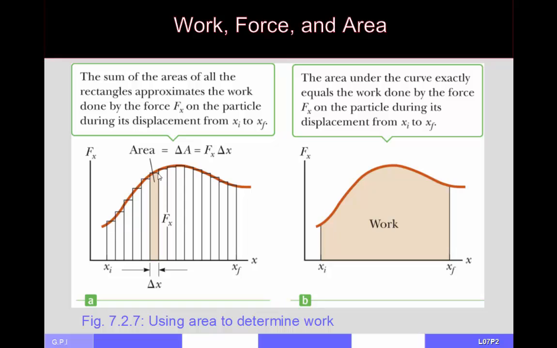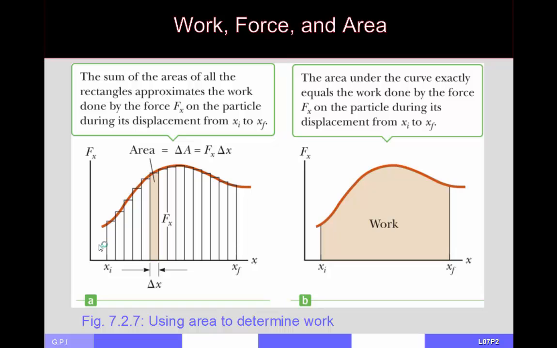But you can see that if we were to find the area of each one of these rectangles and add them together, the area of any given rectangle looks like the distance that the object has moved. That's the base of the rectangle. And then the height looks like the value of the force applied, in the average, basically the middle of your rectangle.